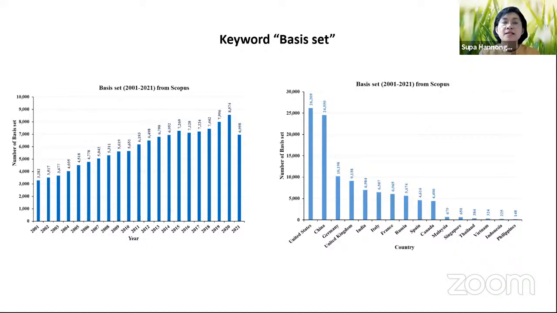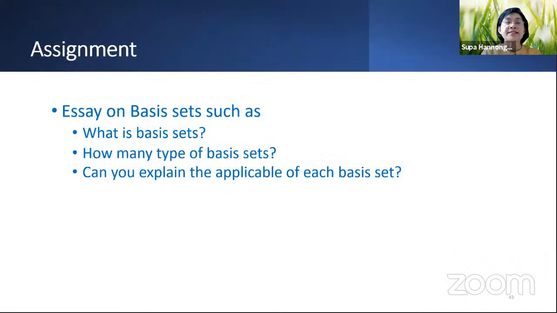If you search with the keyword basis set on Scopus, you can see extremely increasing publications about calculations, and probably some applications or development of basis sets published elsewhere. It is quite exciting research, and the development of basis sets is still ongoing.